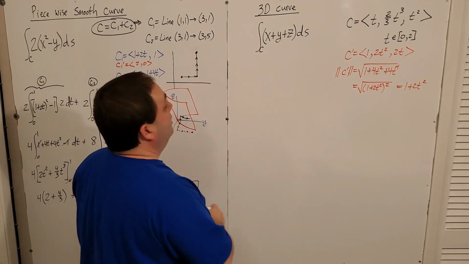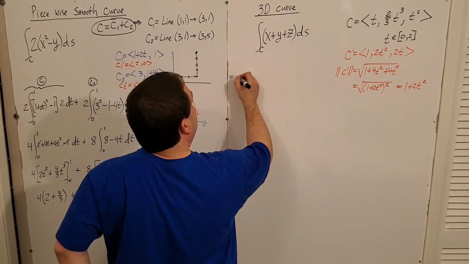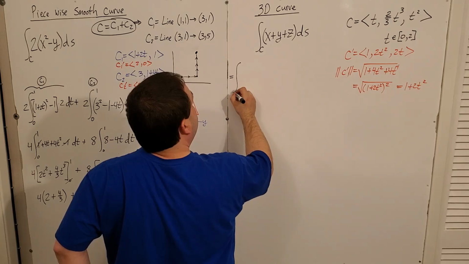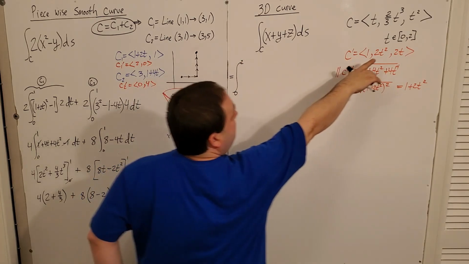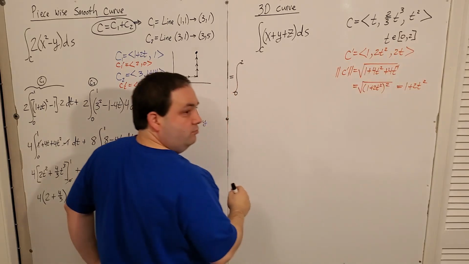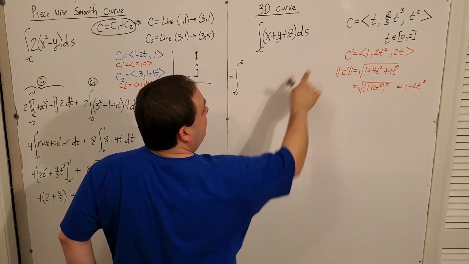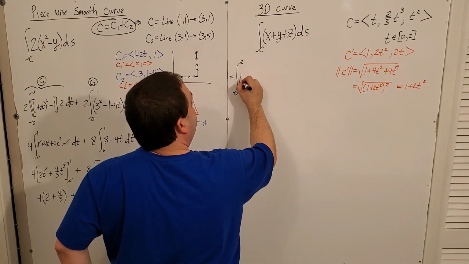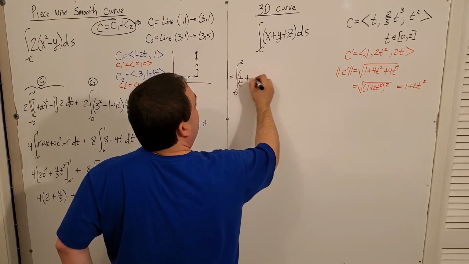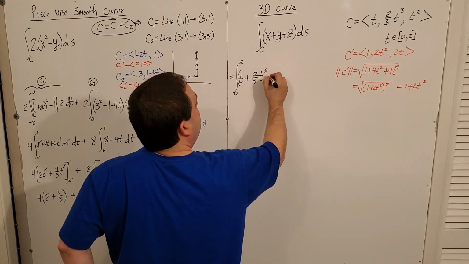Okay, so let's set up the integral then. My integral is going to be the integral from 0 to 2, because that's the interval listed. T is an element of the interval 0 to 2, right? Okay, x plus y plus z. X is t. Y is 2/3 t cubed.